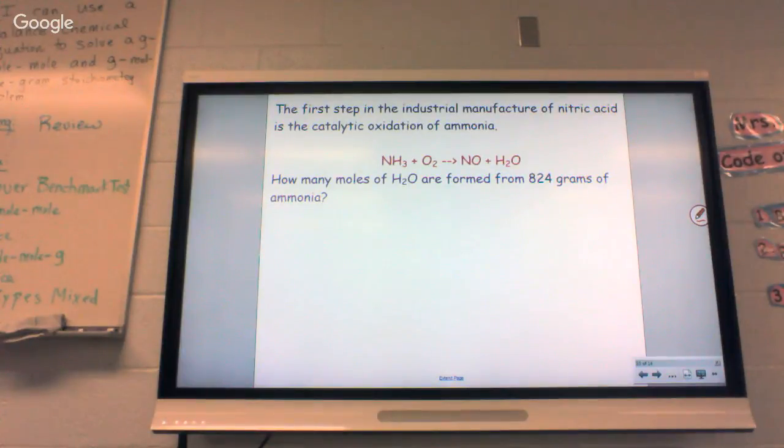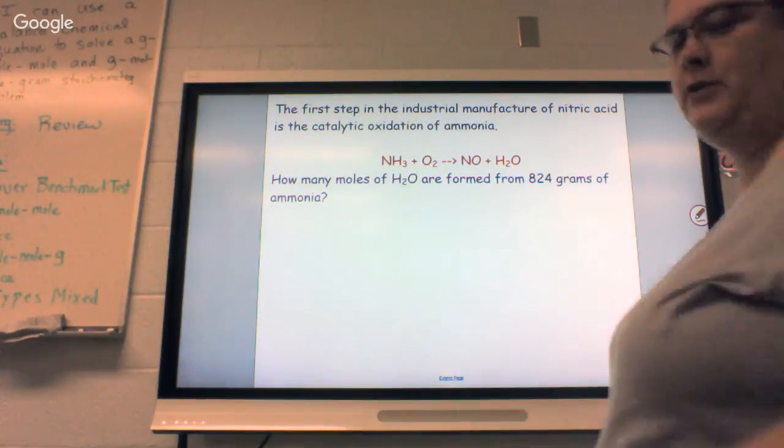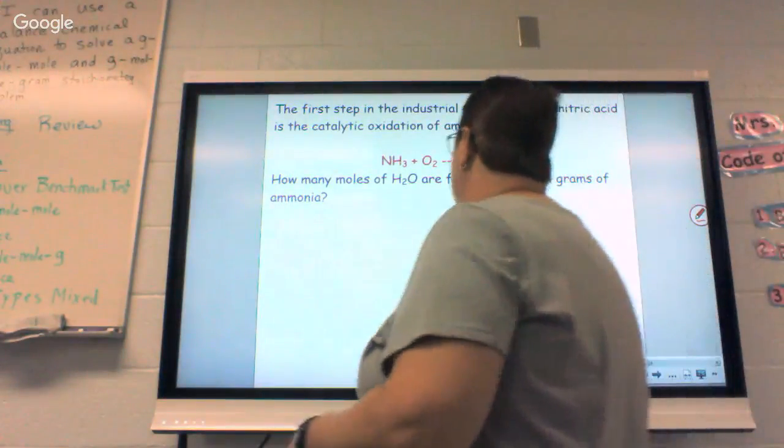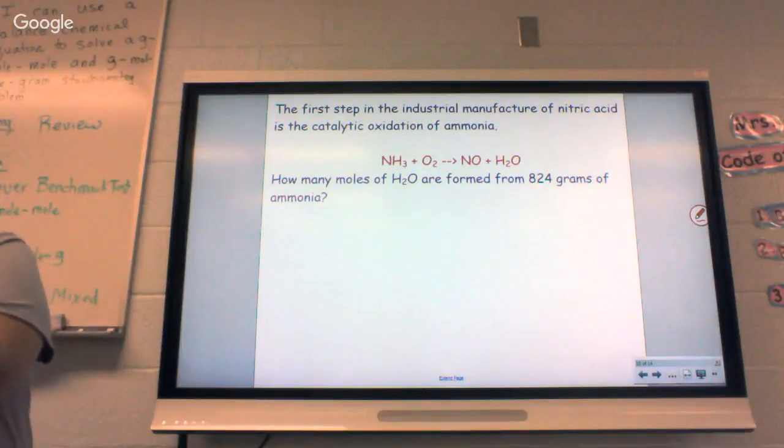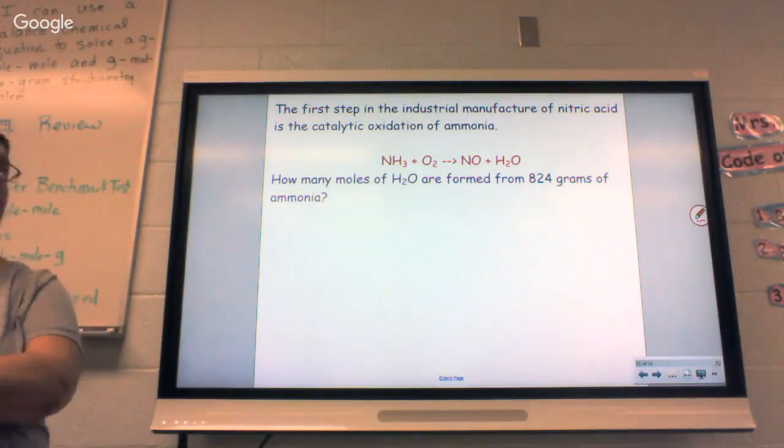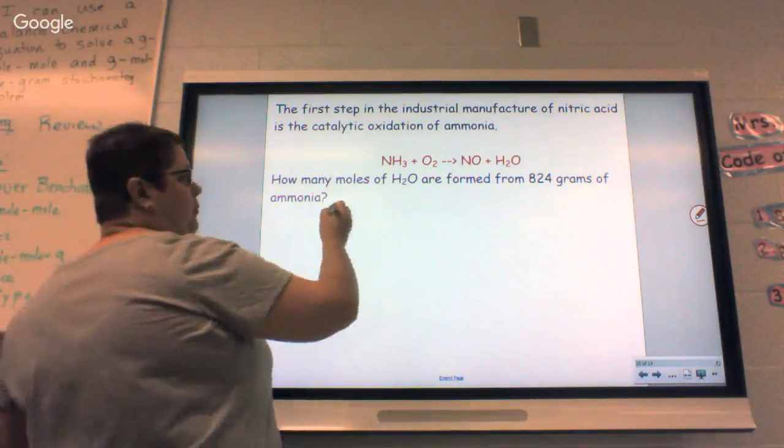Guys, if you don't have a 4 in front of ammonia, I know you balanced wrong. So, for those of us who said 2, how did you attempt to balance it? What did you balance first?